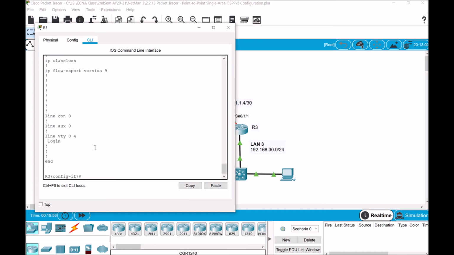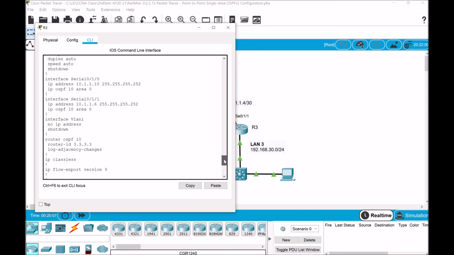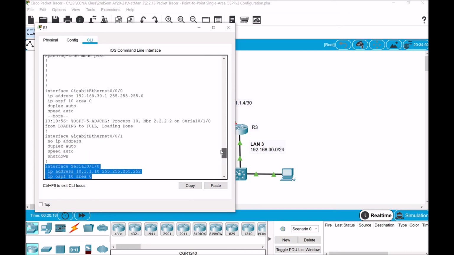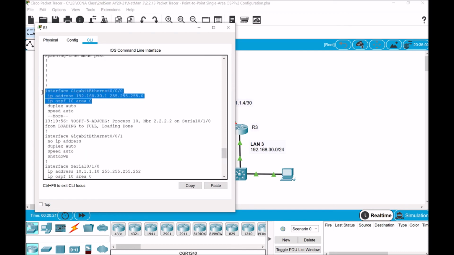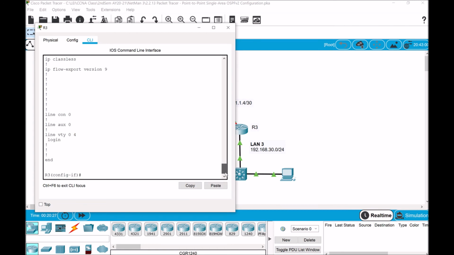Okay, so the interfaces have the configuration IP OSPF 10 area 0. So a serial interface, another serial interface, and the gigabit interface is this one. Okay, so there you go. We have the OSPF activation on all three interfaces, right?